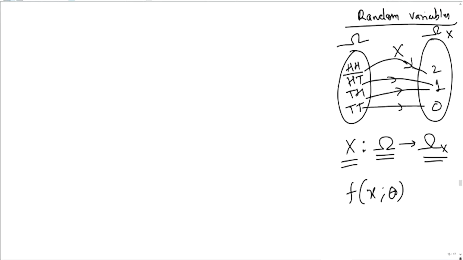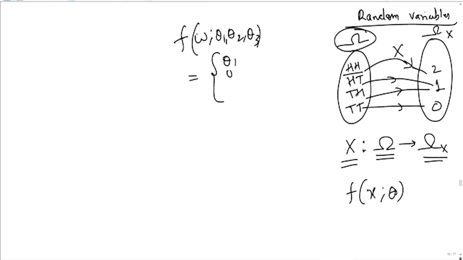How? Let us see. For the same problem, if you would have to define the probability assigner function on omega, the original sample space, this is what you would have to do. We have done this earlier as well in the previous lecture. So this is what we end up doing, that the probability assigner function would be defined in this way.